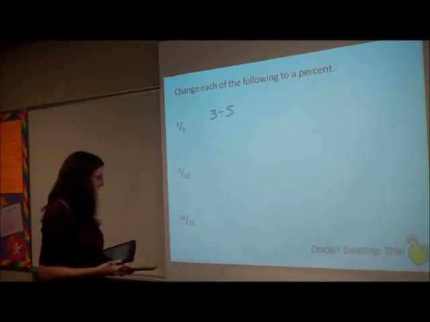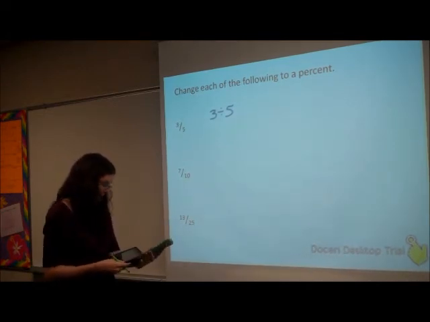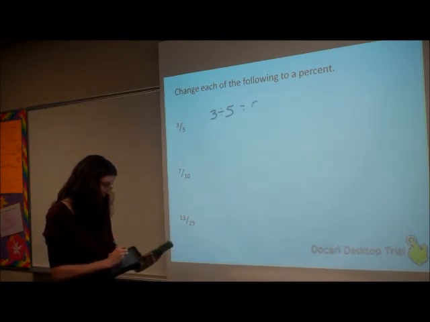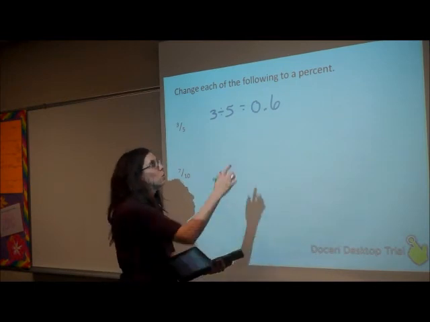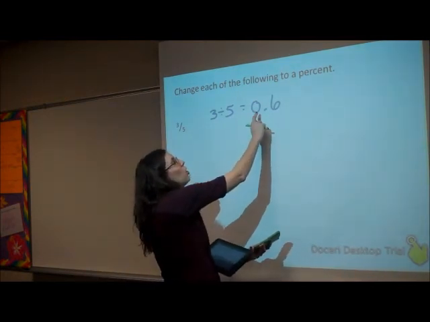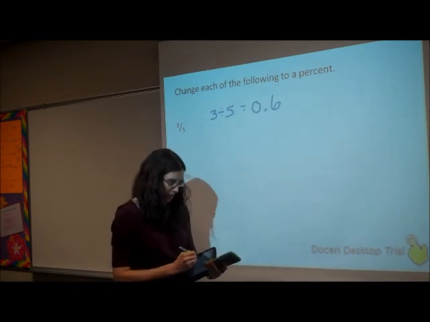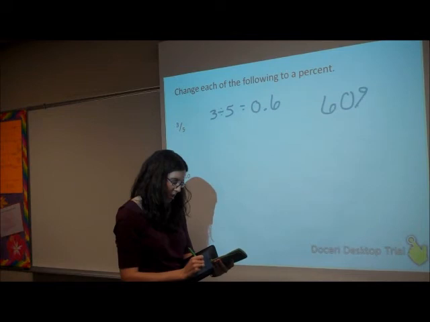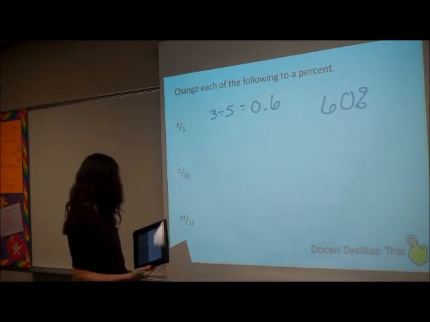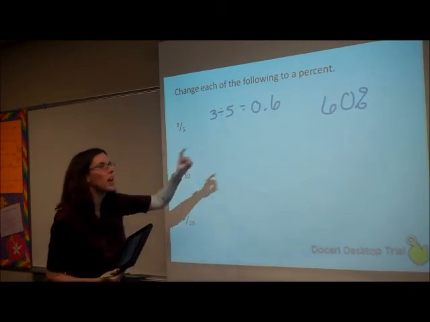When I do that, I get 0.6. Now we have a decimal, so going back to what we had just done, we want to change this to a percent. I need to multiply it by 100, or move my decimal 2 places, and it will end up being 60%. If we look at 3/5, yeah, that's a little bit more than half.